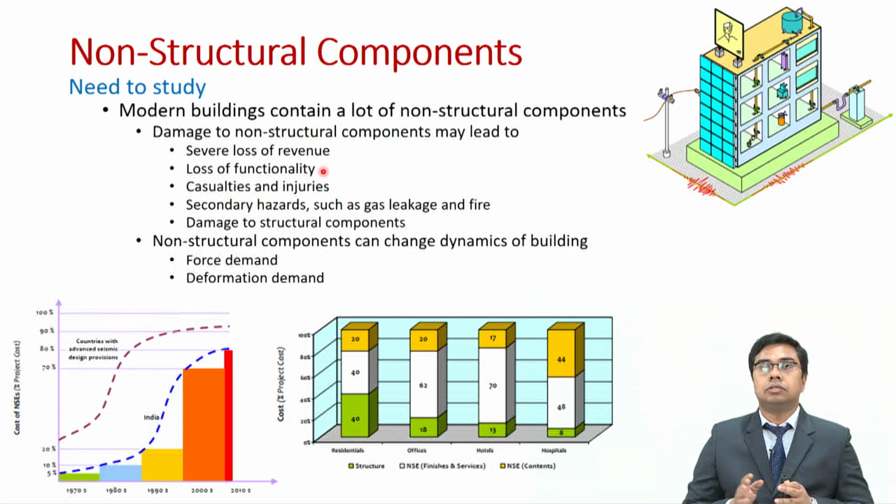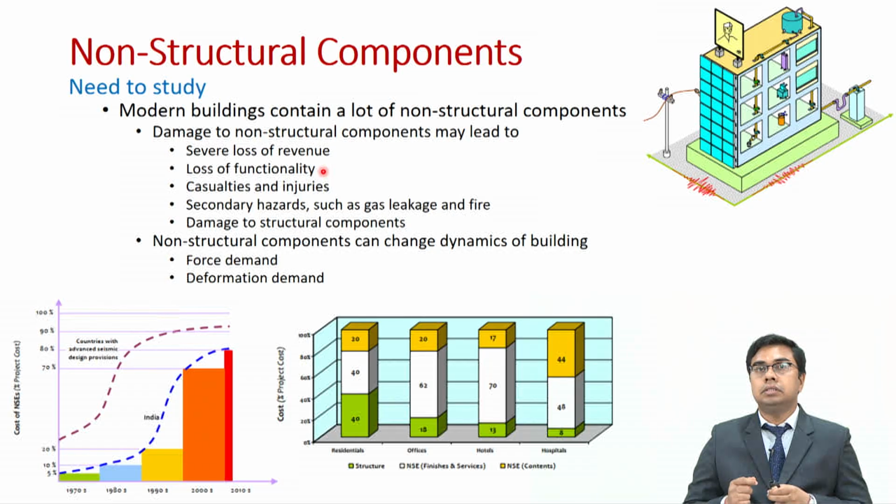For example, in case of a hospital building, you have non-structural components such as oxygen gas pipelines, a lot of electrical cables, and a lot of pipelines for other gases. Then you also have oxygen cylinders and other facilities of that nature placed in and around the hospital.